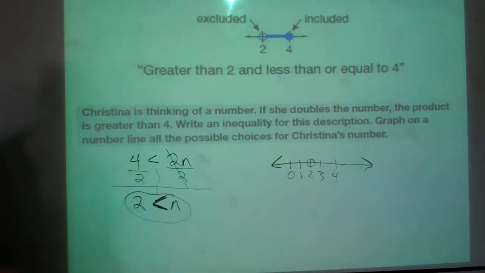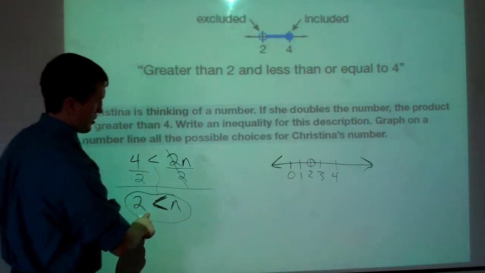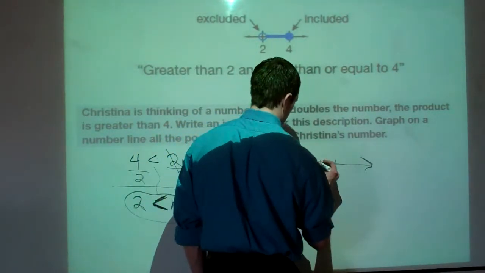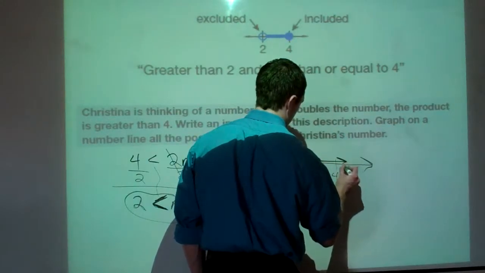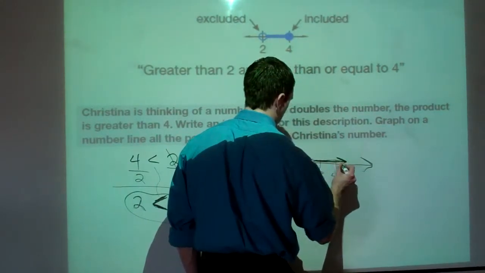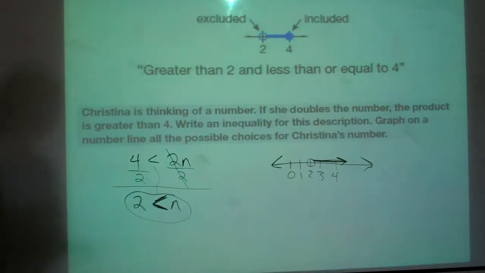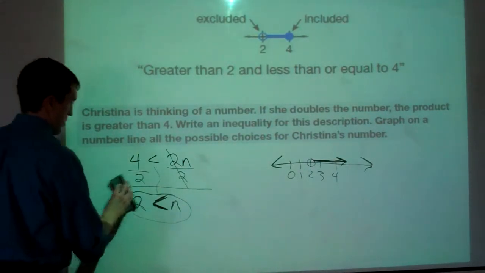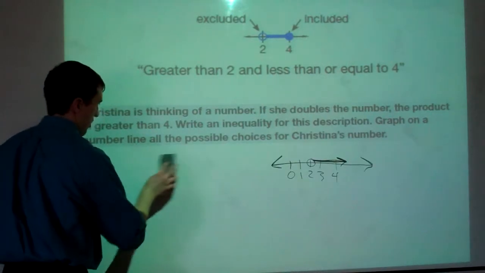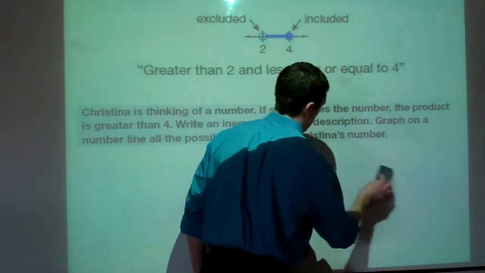And we are saying our number has to be greater than 2. So it could be anything from 2 on up, but not including 2. So we would draw a graph like that. Okay? So that's how we would show all the possible choices.